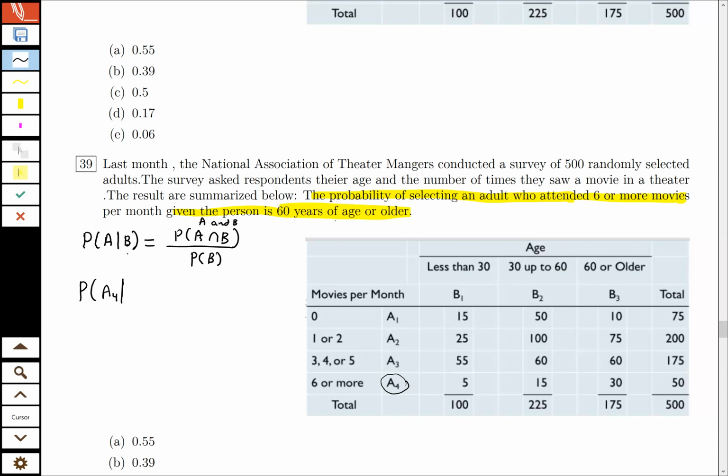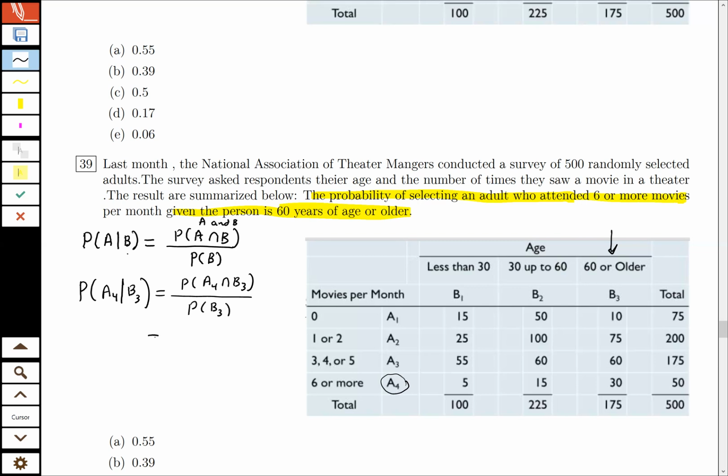A person who has age 60 is the event B3, which is 60 or more. So that will be the probability of A4 intersection B3 divided by the probability of B3.